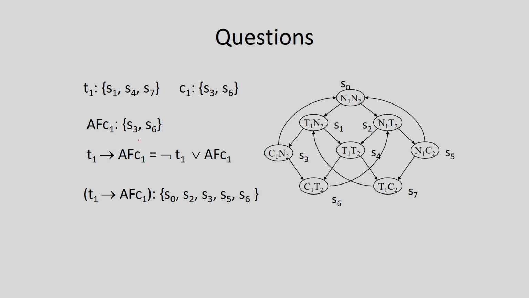So AF C1 will remain true in S3 and S6 only, because we cannot collect any other state. If you say S3, what is the predecessor of S3? S1. When I go to S1, you just see that here AF C1 is true, but in the other state, S4, AF C1 is not true. So this will not come into the picture. Similarly, if I take S6, what are the predecessors?